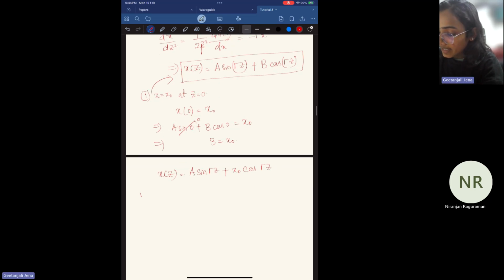Now what is the second condition? It is about the slope of the ray.